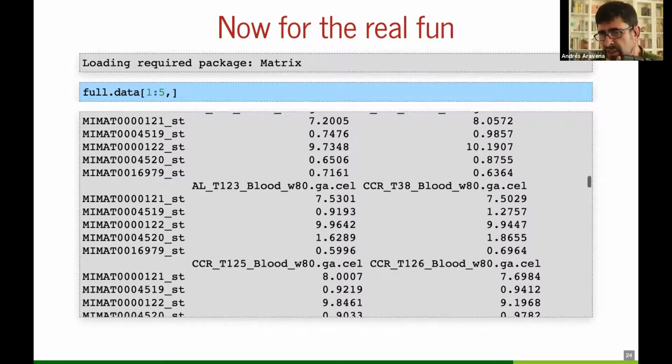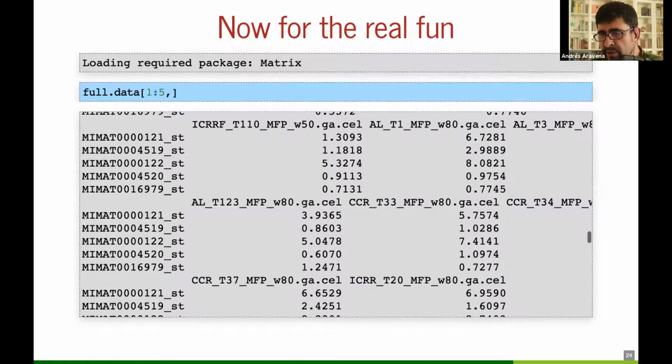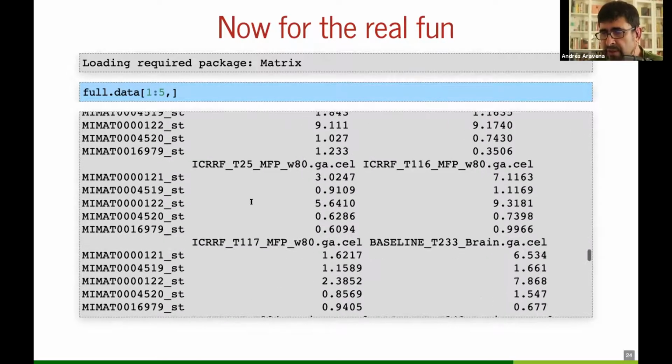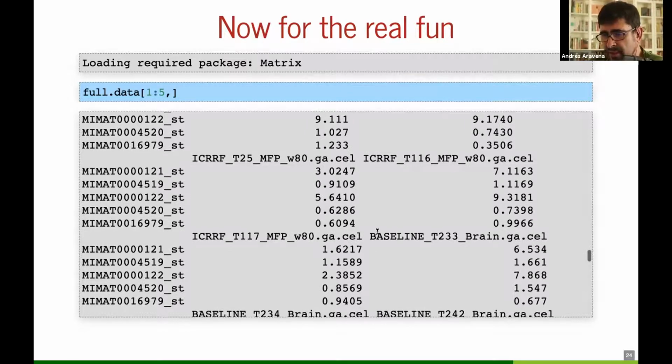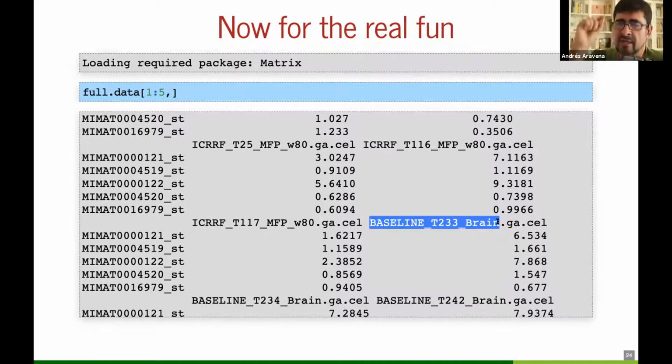So in this case, 81, and there is something. Let me see if I find it somewhere. There is something called, yeah, this one, baseline. So baseline is a sample taken at week 10 for every tissue.